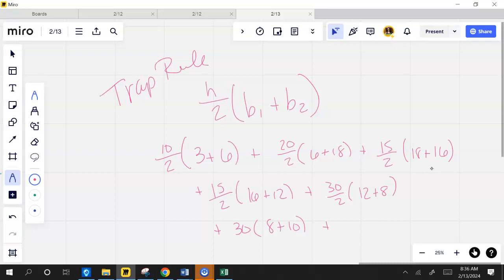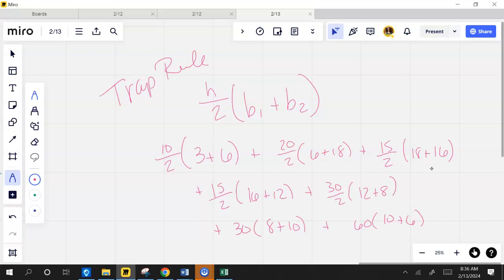Y'all see where I'm getting these numbers? 120 to 180, 60. 10 plus 6. That should give you 1800. Does it? So 1800.